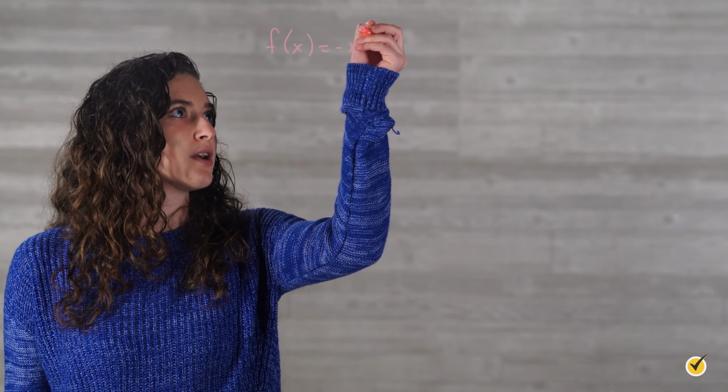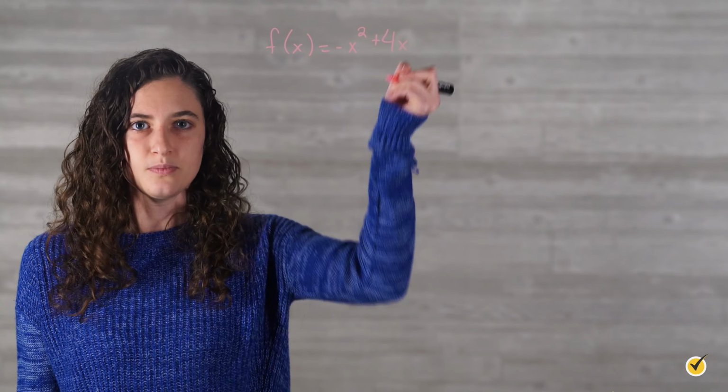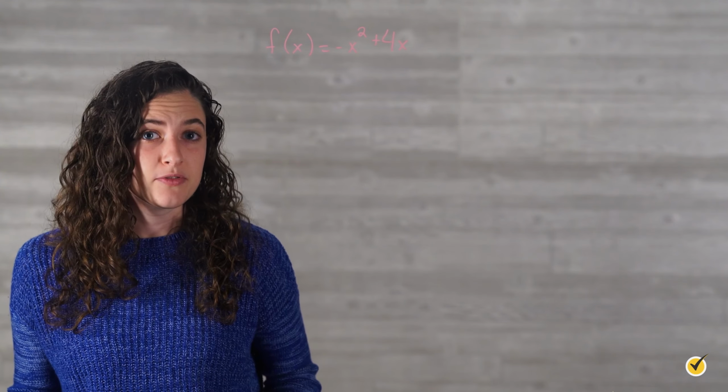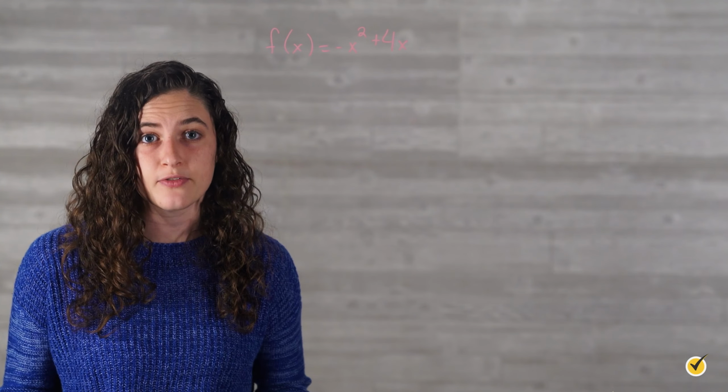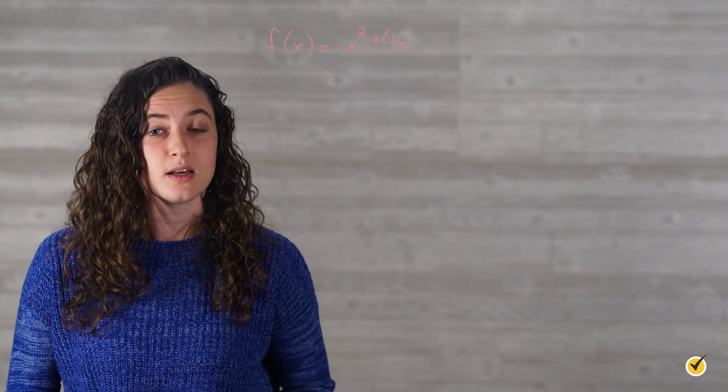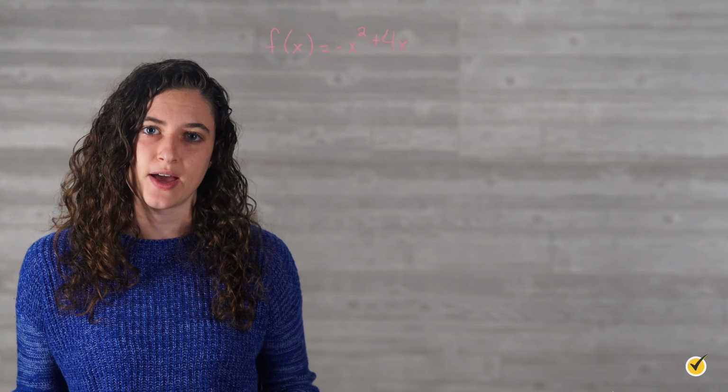For example, the function f of x equals negative x squared plus 4x is a downward opening parabola. We can find the maximum of the function by taking the derivative of f and solving for the point x which makes it go to 0 or not exist. Let's start by taking the derivative of f.